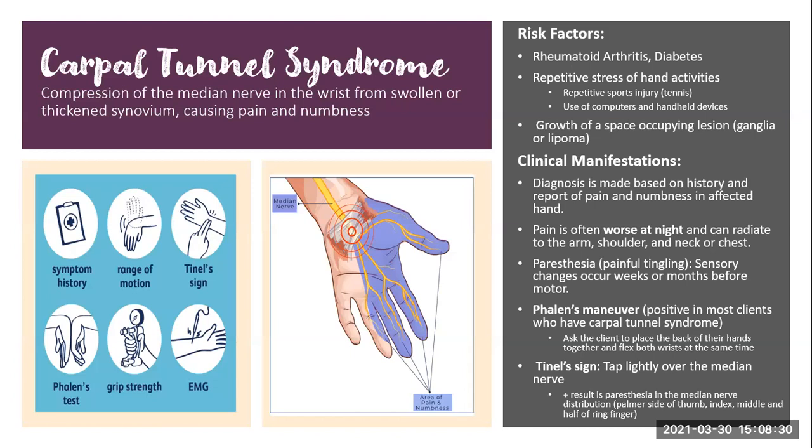And it's going to also cause paresthesia. So Tinel's sign is tapping, Tinel, tap, will cause paresthesia of these fingers here. And Phalen's test is having them flex their hands together. It will cause this paresthesia, numbness, tingling, pins and needles sensation in these three fingers.